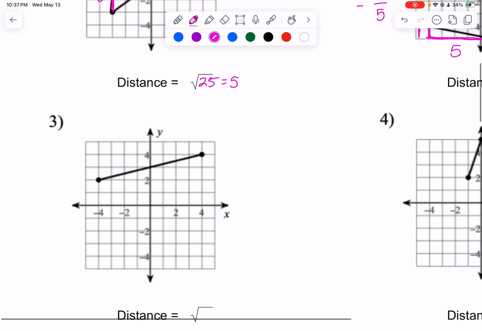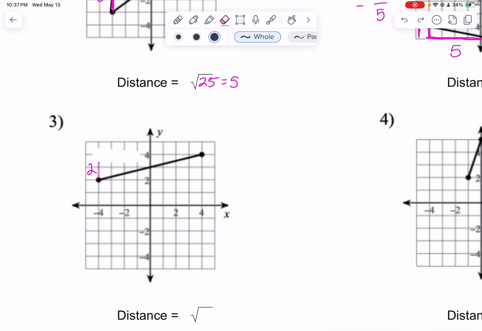Okay, now let's see something interesting. I noticed that this is a slope of 2 vertical and 8 horizontal. So 8 horizontal here.